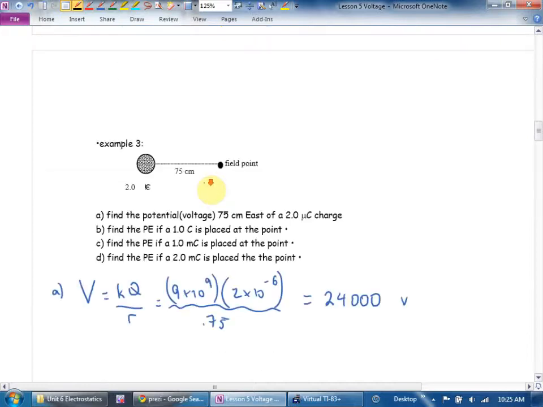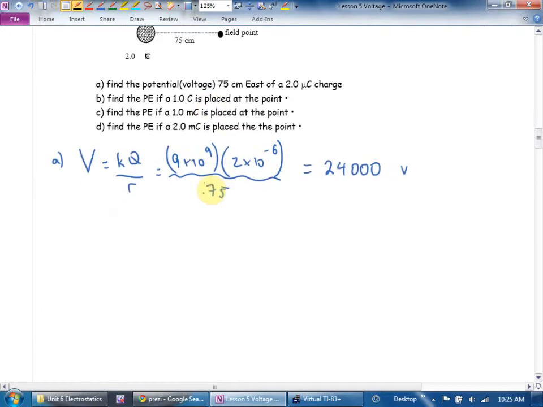So we've got the voltage. I didn't need to worry about it here because the charge they gave me was positive. I got a positive answer. I'm more interested in B. Find the potential energy. Well, voltage is defined as the potential energy per coulomb at that location.